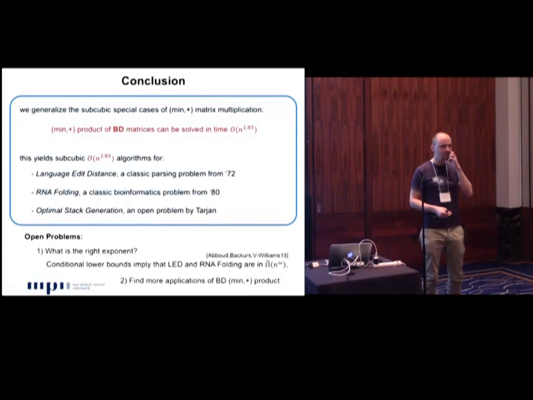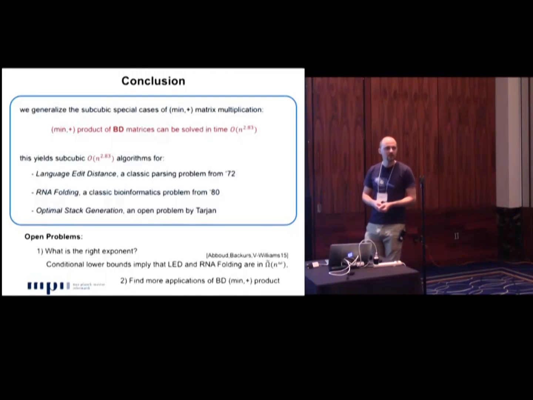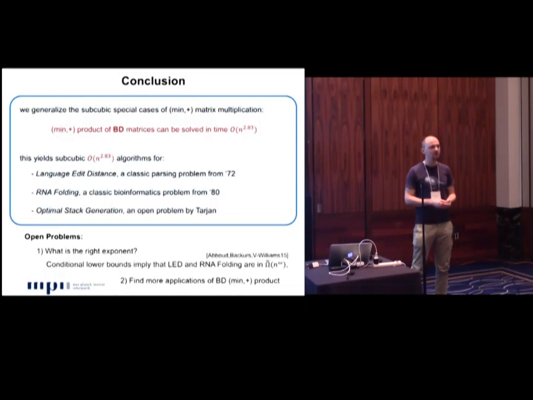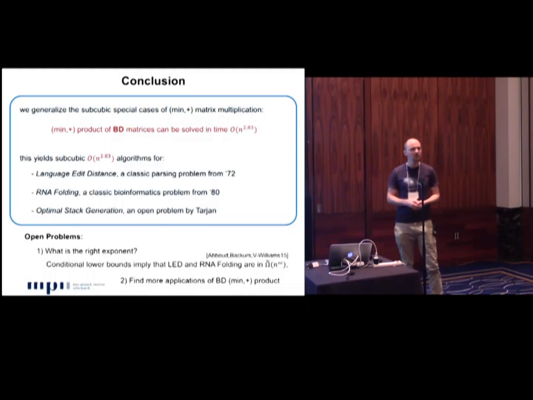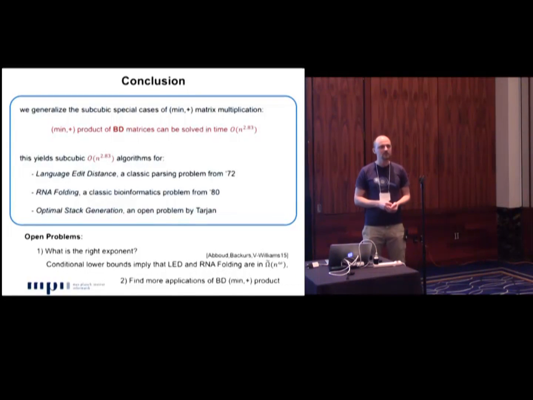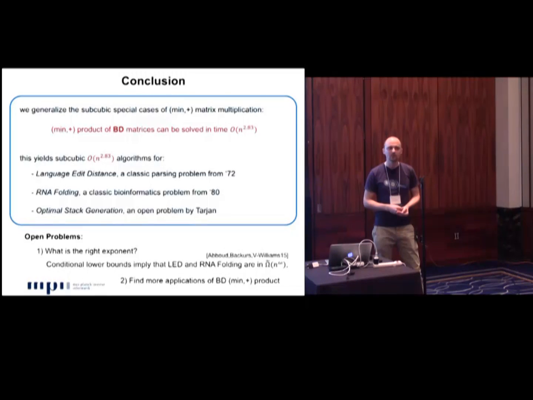There are results for approximation algorithms for this problem. For example, Barner had this nice result that 1 plus epsilon approximation for RNA folding can be computed in n to the omega time. Also for language edit distance, yeah. Does it answer your question? We don't get anything better now.